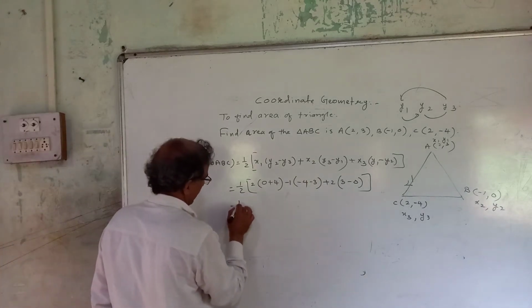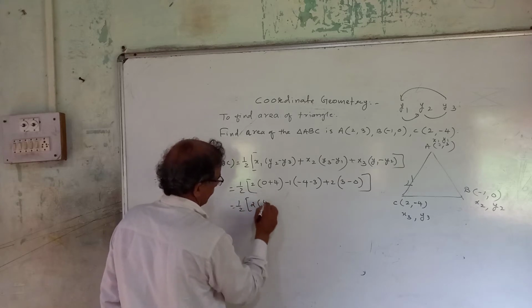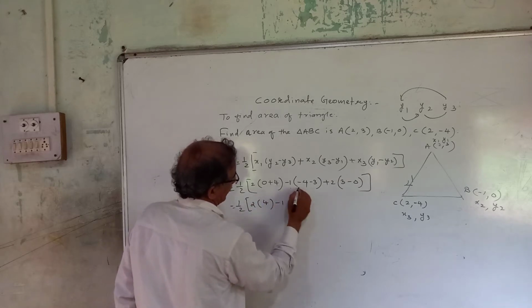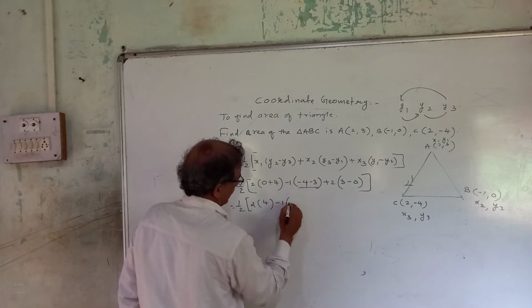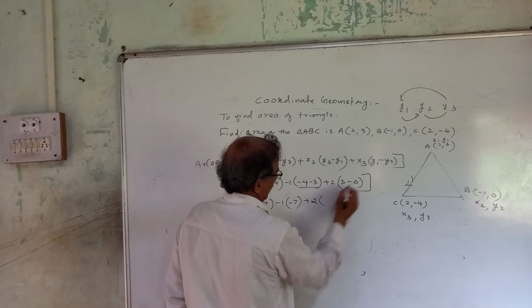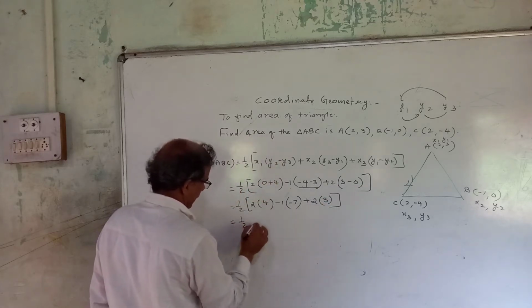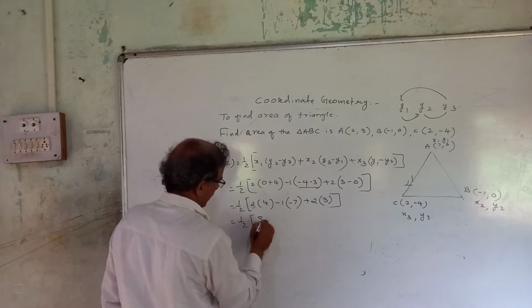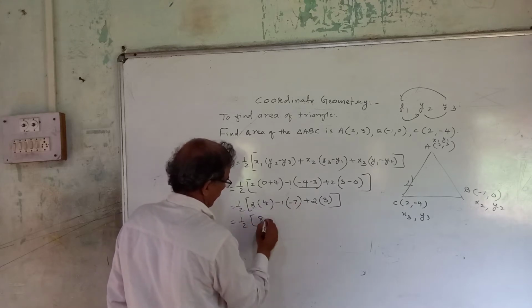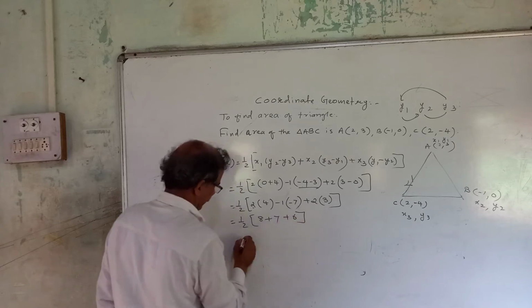Now we have to simplify this. Half into 2, 0 plus 4, 4. Minus 1, you get this first. Minus 4, minus 3, minus 7. Plus 2, 3 minus 0. So that is half into (2 fours are 8, minus 1 into minus 7 is plus 7, plus 6).